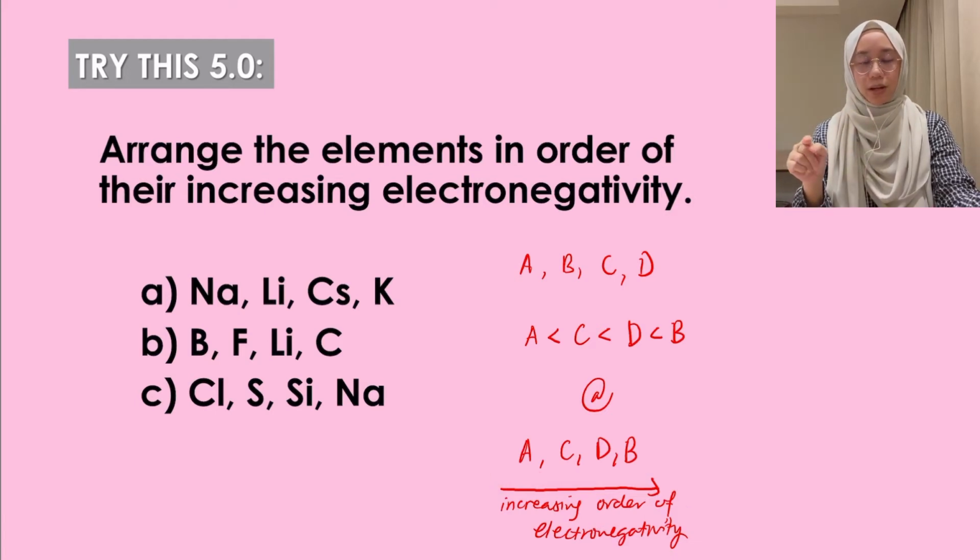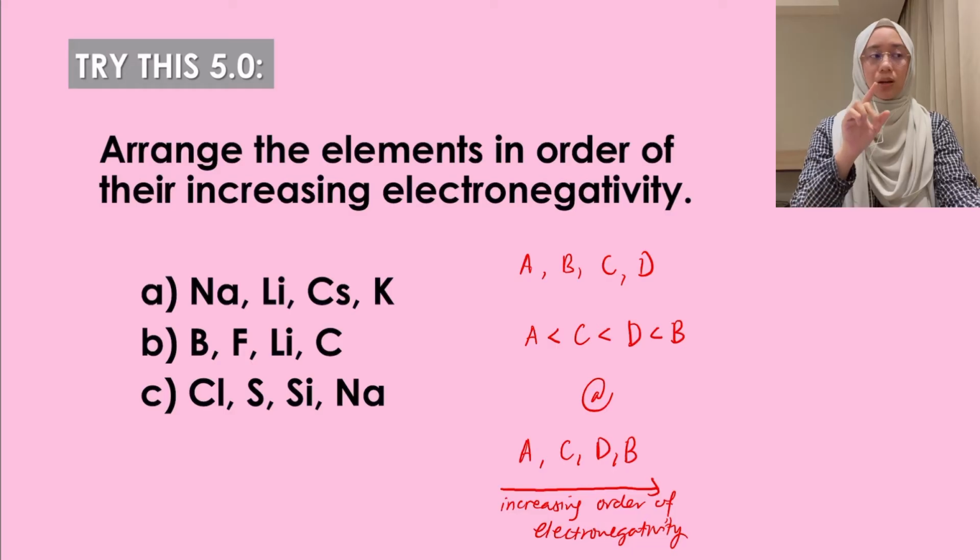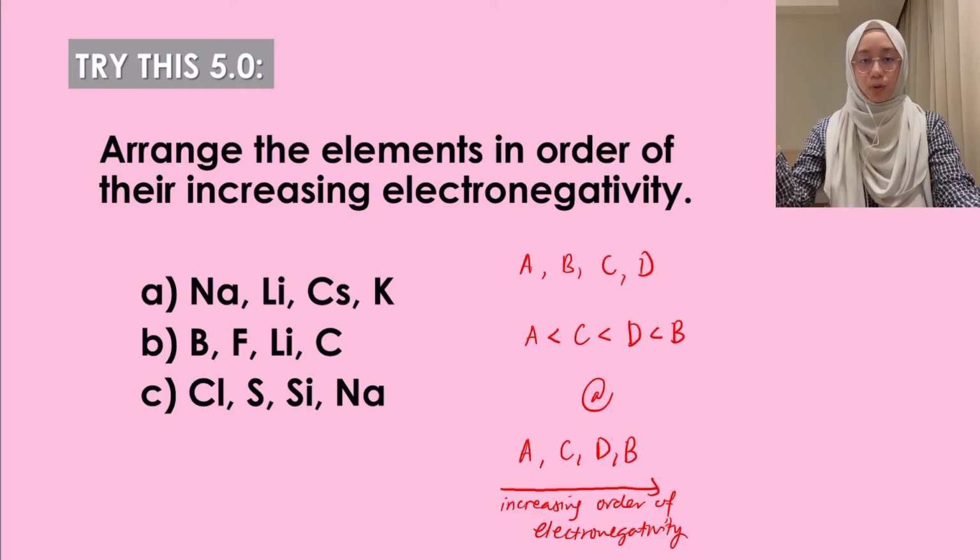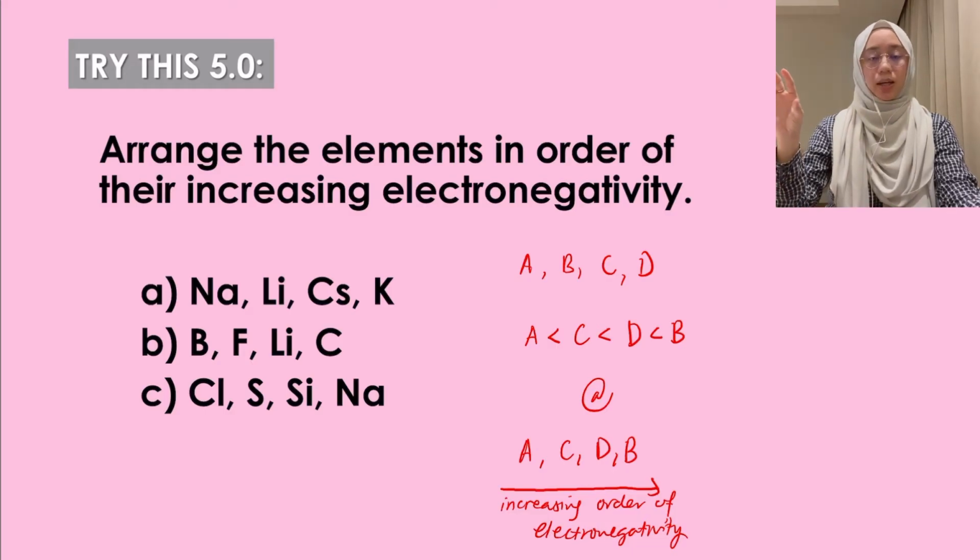So even if the question asks for decreasing order of electronegativity, you still have to make sure the arrow is from left to right. Okay, kamu kena susun yang daripada, kalau decreasing maksudnya yang paling besar kepada yang paling kecil lah. Okay, so make sure the arrow is always left to right.